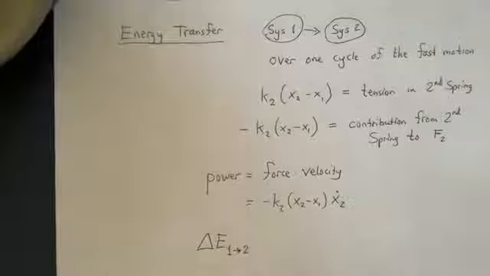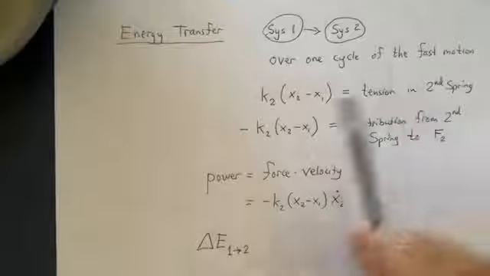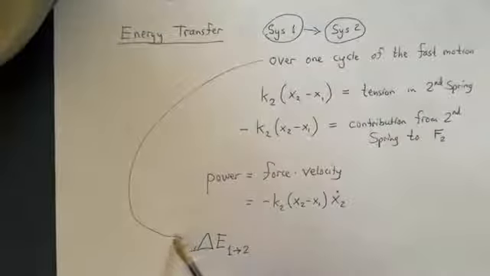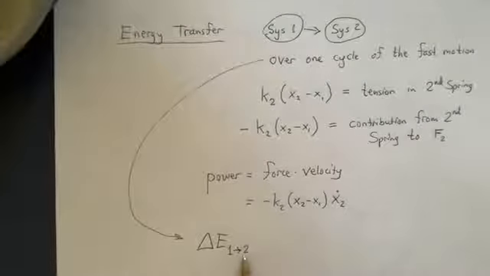That's pretty good notation, right? We're talking about a finite chunk of energy, a finite amount of energy, delta E, transferred from system number 1 to system number 2 over one cycle, right? Over one cycle, how much energy gets transferred?